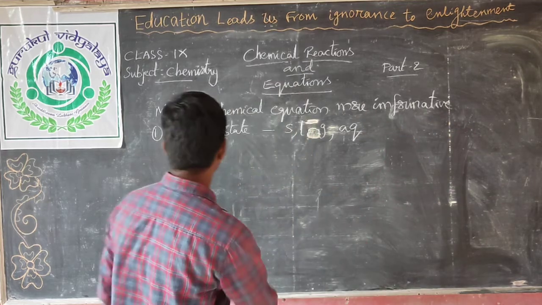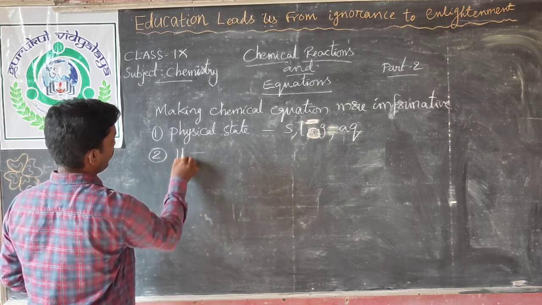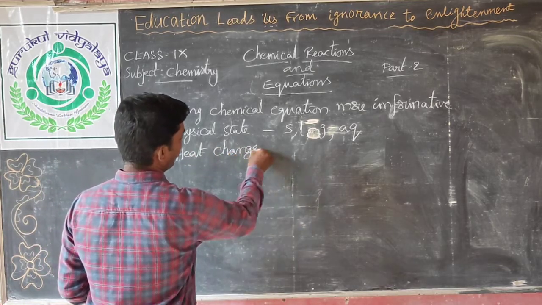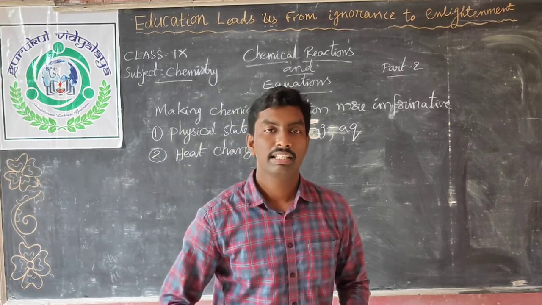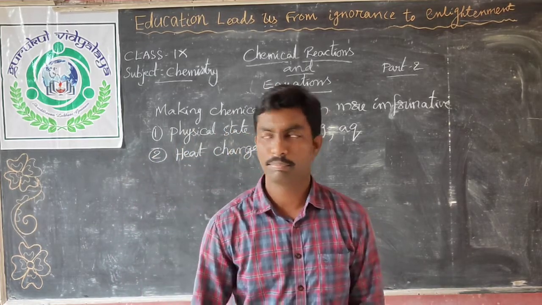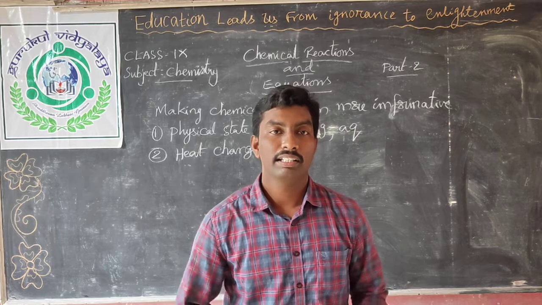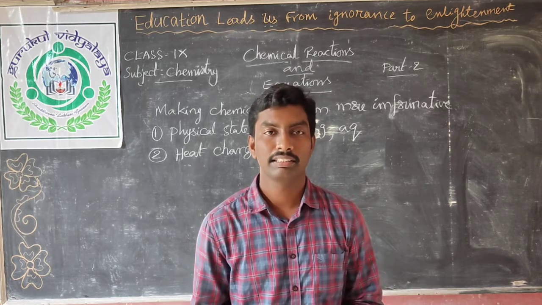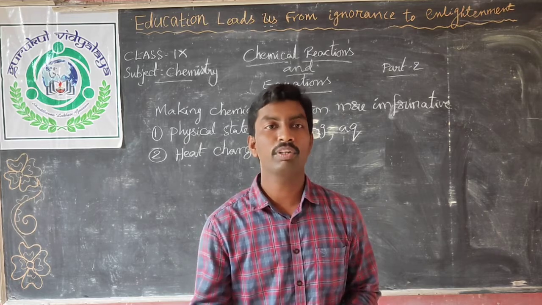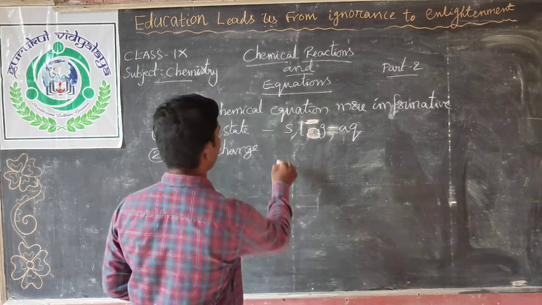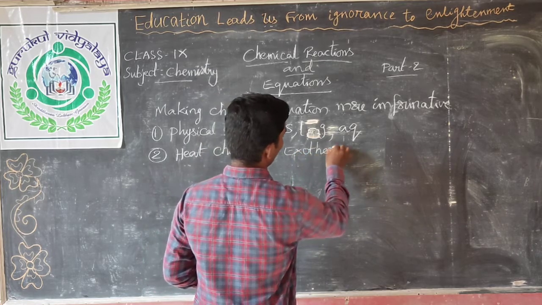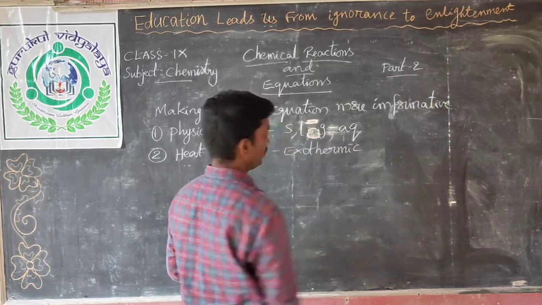The next one is heat changes. The second one is change of heat. When the reaction takes place, the heat may change. Sometimes during the reaction between the reactants, heat is released, and then we say it is an exothermic reaction.